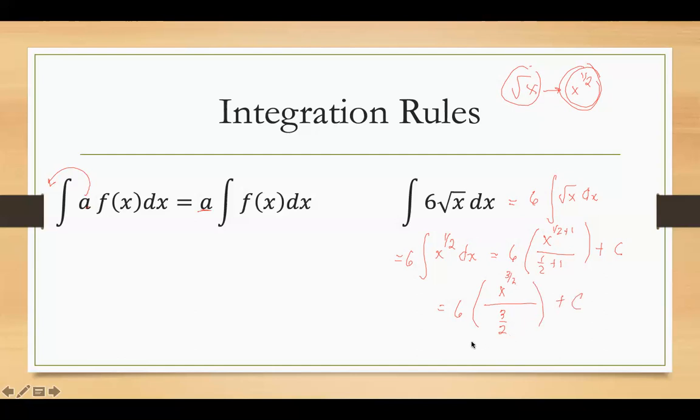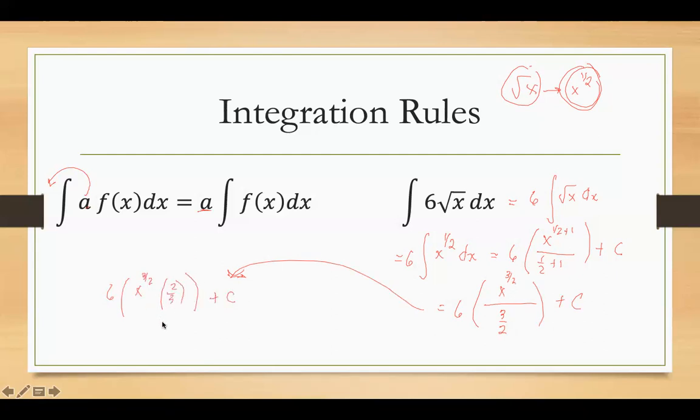What we will be doing afterwards, we can continue here. Our 3/2 here could be reciprocated, right? Because it is a complex fraction. So it's just like 6 times x to the power of 3/2 times 2/3, right? All right, then plus c.